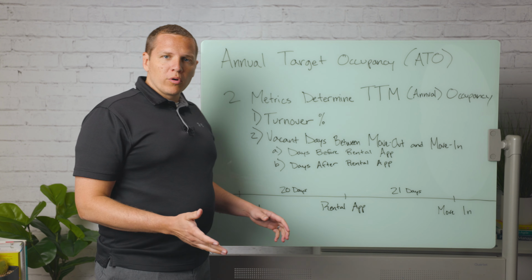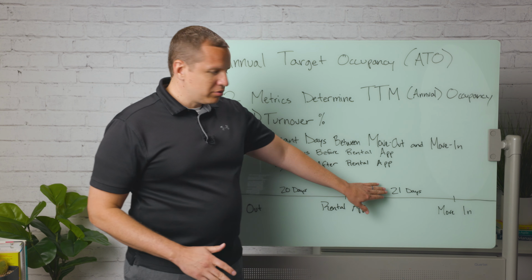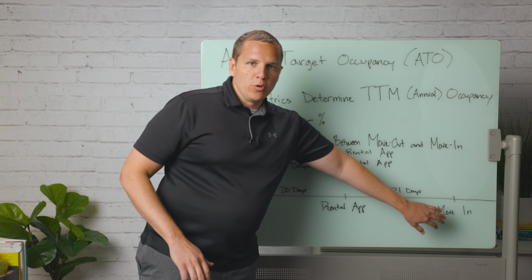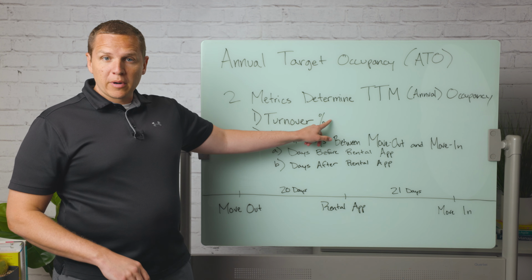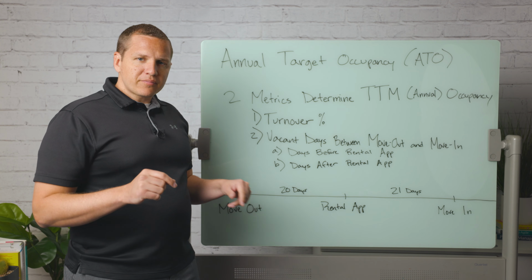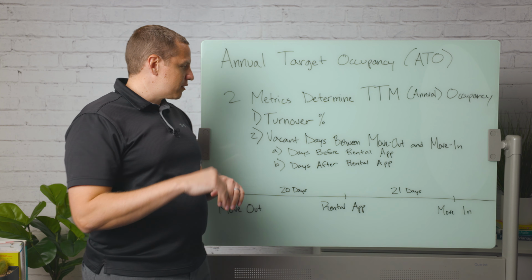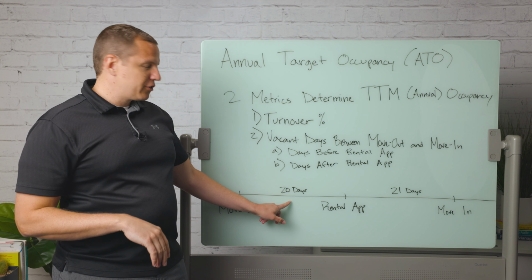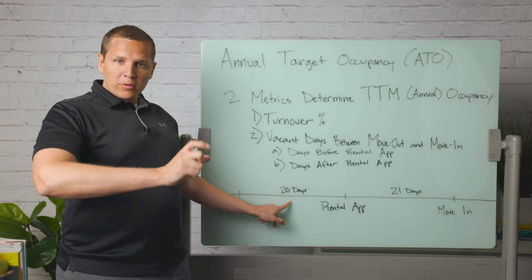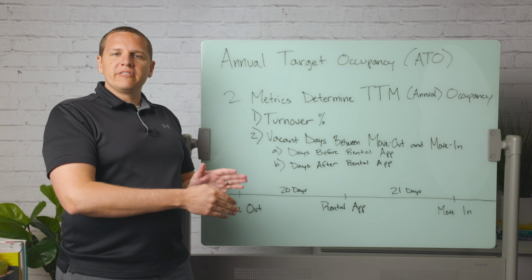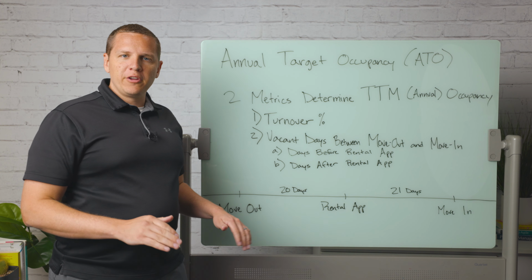As we look at our board, what we can see is we've plugged in 21 days here between rental app and move-in, and we've plugged in a turnover rate of 50%. These are the only two numbers that are needed to get our maximum ATO. We actually will assume our days before receiving a rental app is 0. In other words, we expect you to pre-lease 100% of your units.